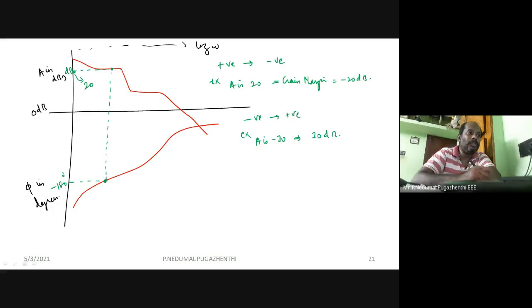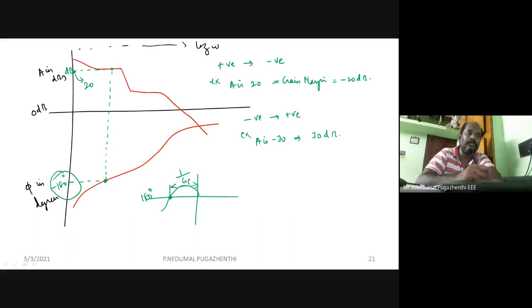So here the most important point is minus 180 degree. If you remember your polar plot, the same way we should have come across it, where it cuts your minus 180 degree. What is the magnitude value?